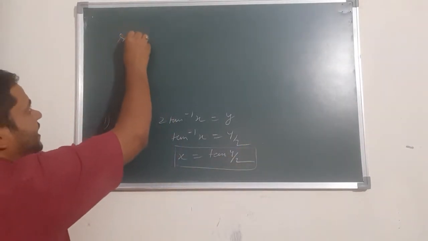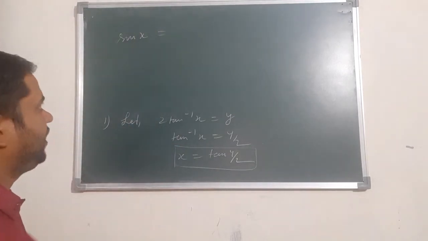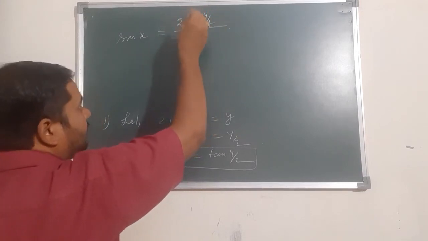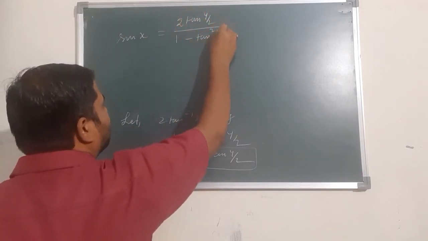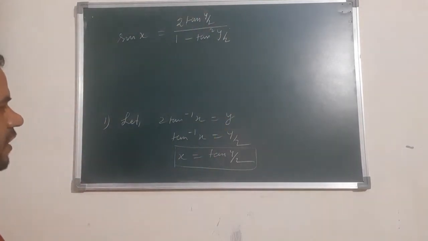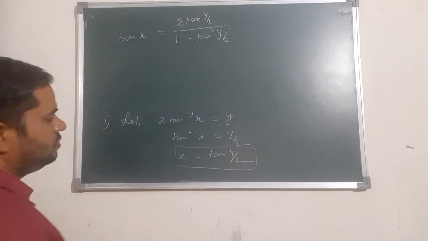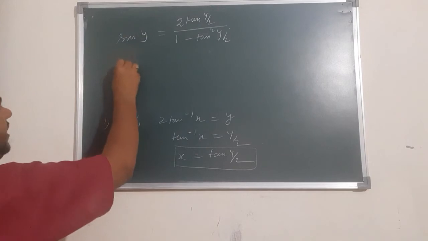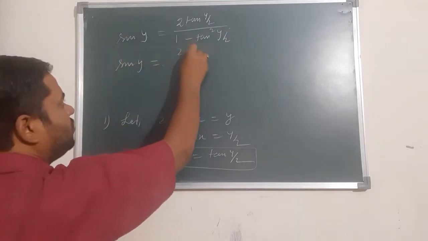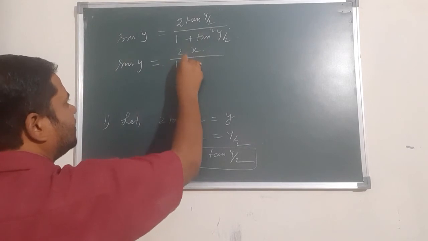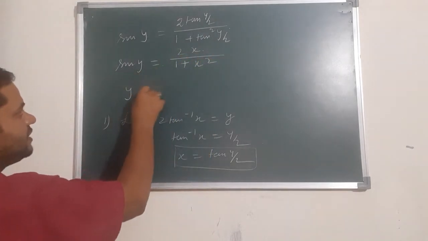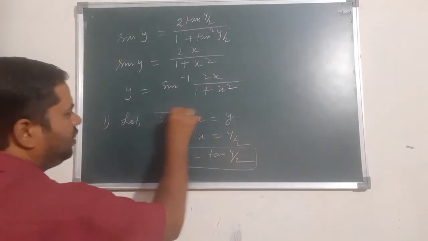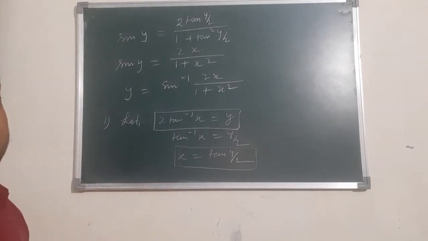If we write sin y, we can write 2 tan y by 2 divided by 1 plus tan square y by 2. So sin y is what? 2x upon 1 plus x square, and y is sin inverse of 2x upon 1 plus x square, and y is what? y is 2 tan inverse x.